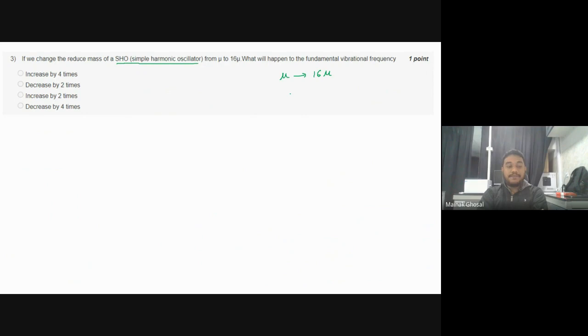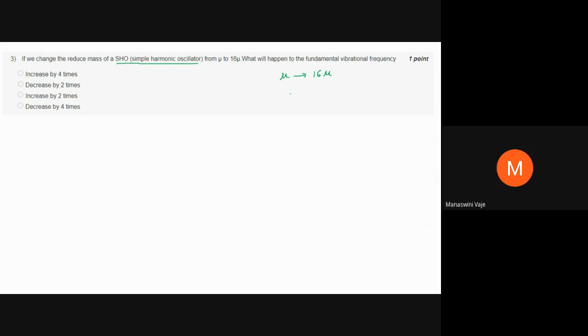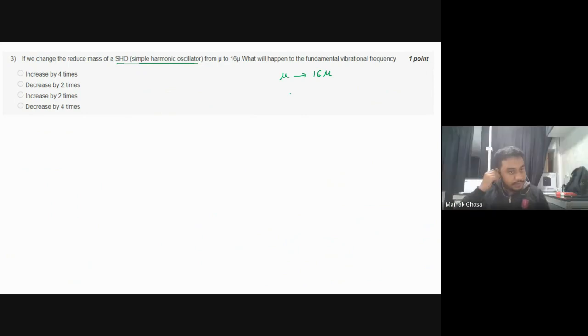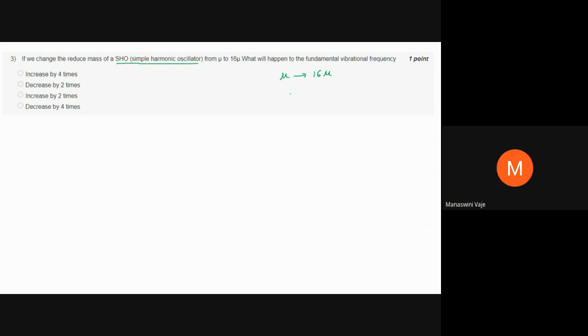That means by 4 times or by 2 times, will it increase or decrease? Can you quickly do it? It will decrease.